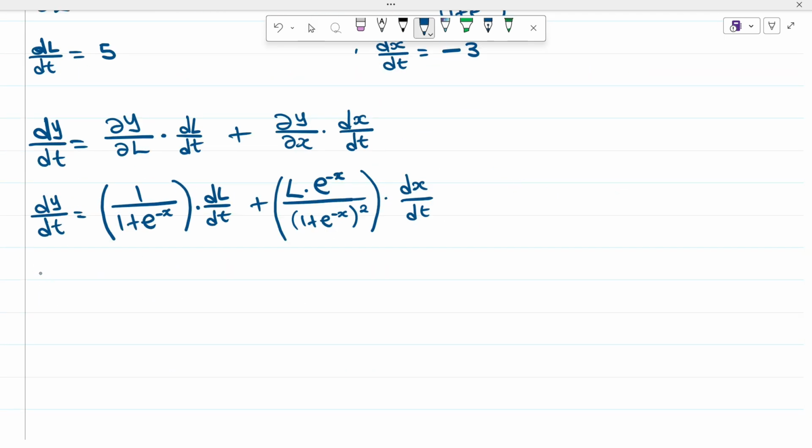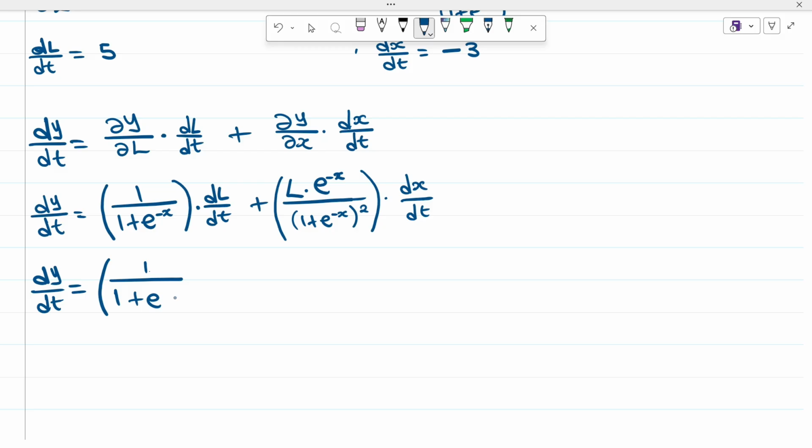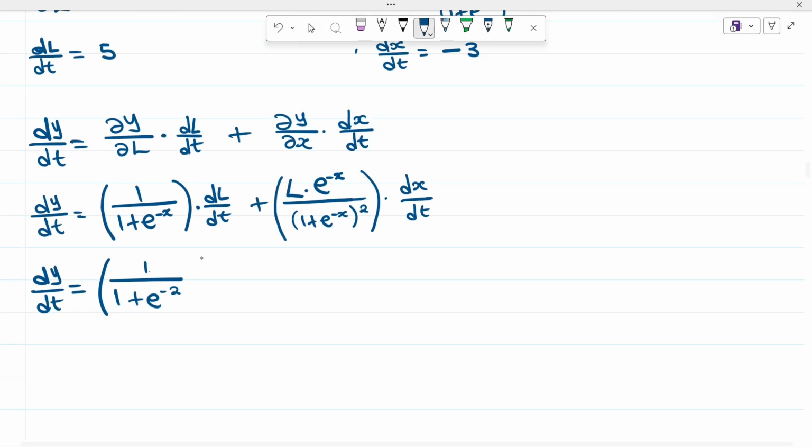So your dy/dt is then going to be equivalent to 1 divided by 1 plus e to the power negative x. x is 2, they told us that x is 2, guys, don't forget. And then L equals 100, multiplied by dL/dt.